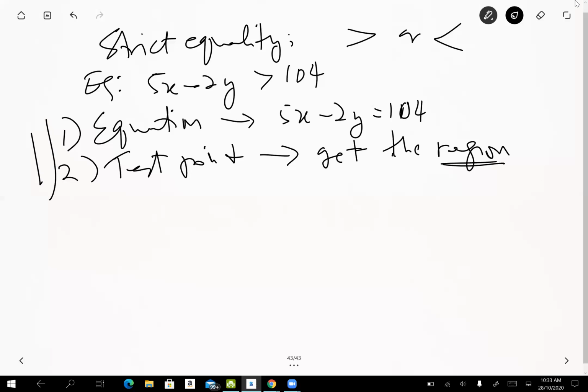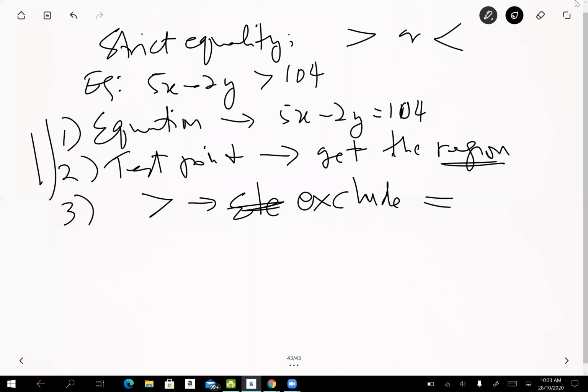The only difference will be number 3. The starting will be the same as what you had earlier. Now, with bigger than, that will exclude equal to, exclude the one that has the equal to. Now, what are the points for which you have 5x minus 2y equal to 104?